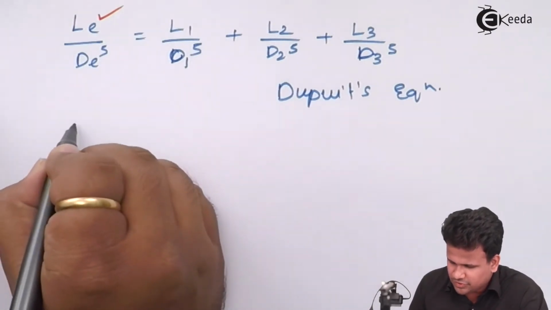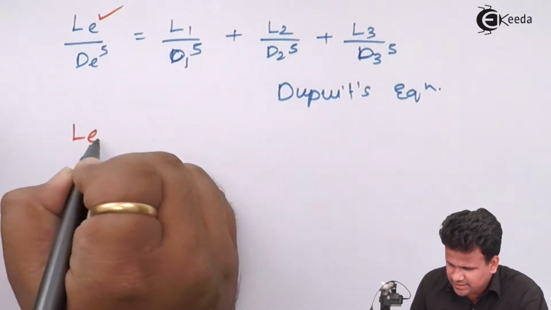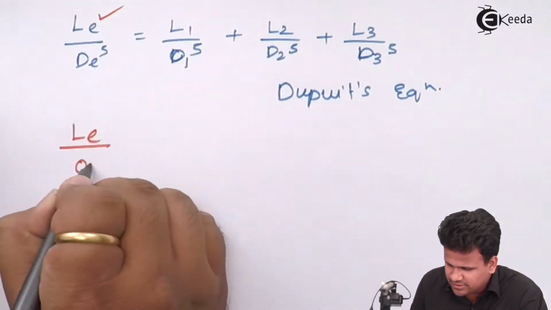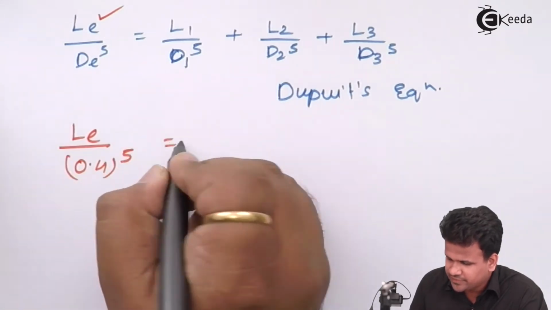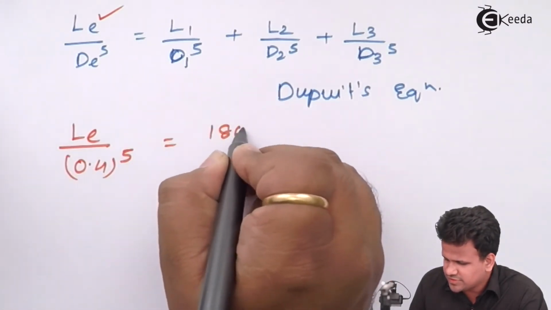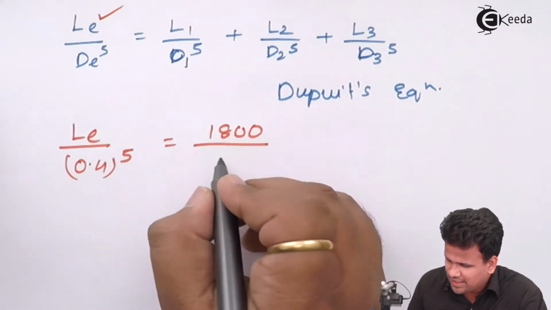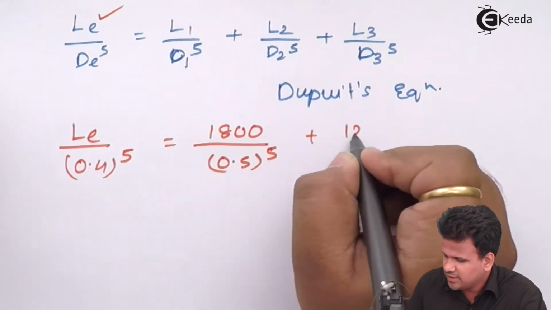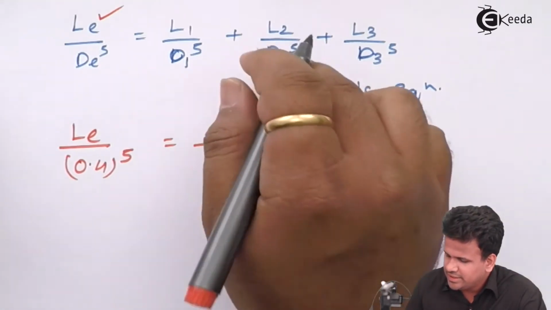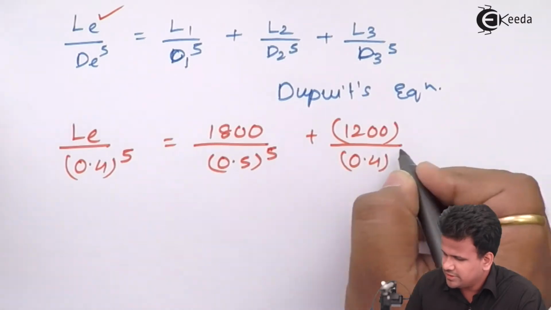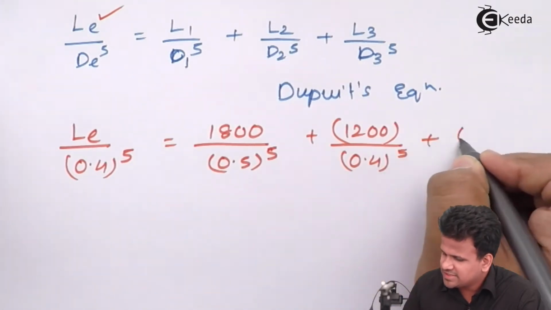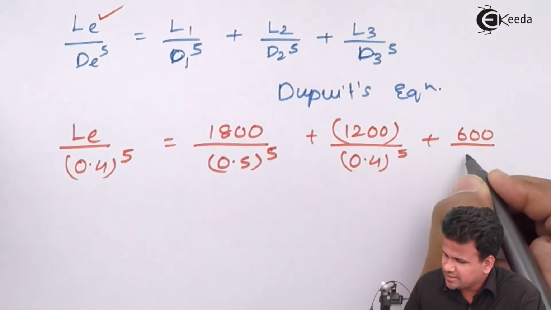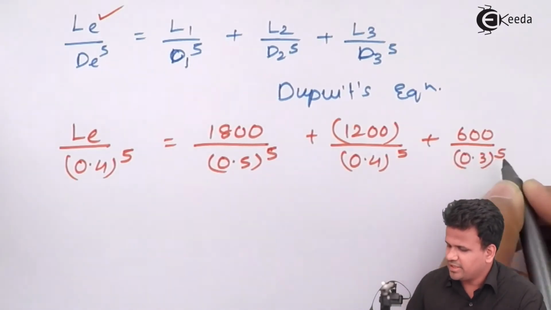So now over here we have to calculate what is its length. So let us substitute all the things which we know, that is LE. Over here we have to calculate, we know that the equivalent diameter is 0.4 raised to 5 is equals to L1 was 1800 upon the value of D1 was 0.5 raised to 5 plus L2 was 1200, D2 was equals to 0.4 and that will be raised to 5 plus L3 was 600 upon D3 over here was given to us as 0.3 and that now will be raised to 5.